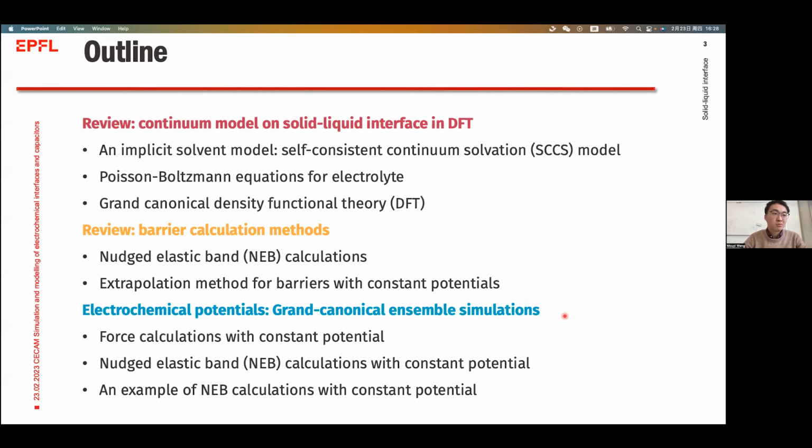For the last part, we want to derive some formulas for the force calculation with constant potential, and to see how the NEB should perform with constant potential. And at last, a very simple example of NEB calculation with constant potential.